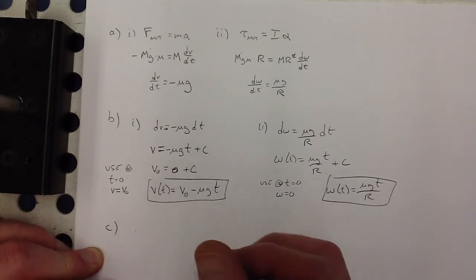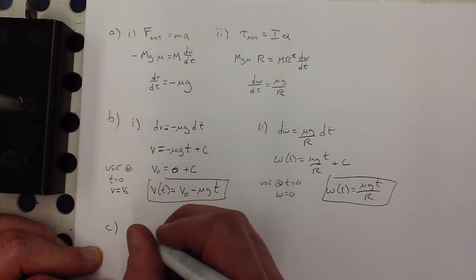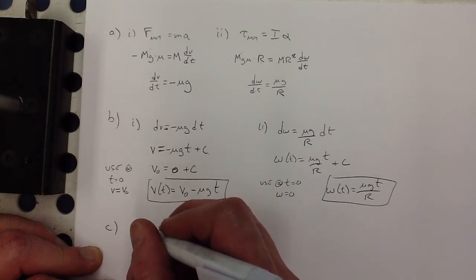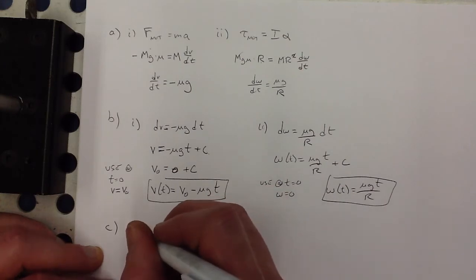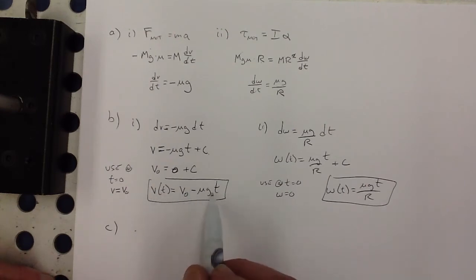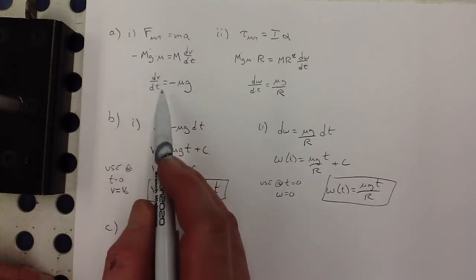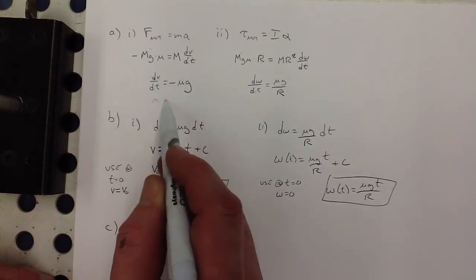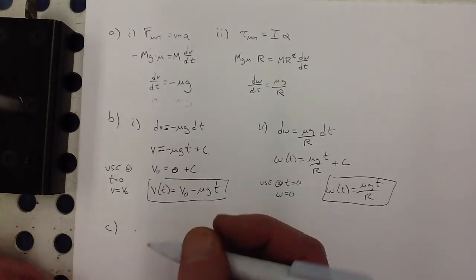Do I have a constant acceleration? I do. You can think about what the derivative of this is. The derivative of this is velocity, and that's what we had back here. Acceleration is equal to negative mu g. So I have a constant acceleration, which means I can use kinematics.